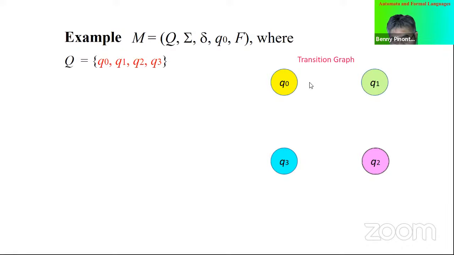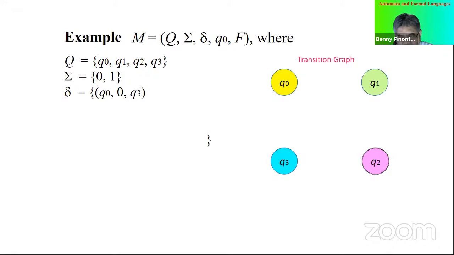It is called the transition graph, and these are the vertices. Vertices is the plural, and vertex is the singular, so one vertex, two vertices. And the alphabet is, let's say, 0 and 1.